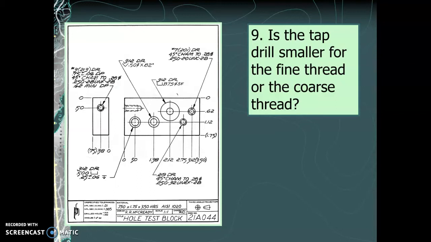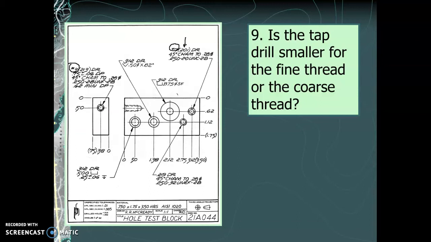What tap drill would be used? So this has a number 3 tap drill. This has a number 7 tap drill. So we can't just go by 3 and 7 and say, oh, well, 7 is bigger than 3, because it actually goes the opposite way. The bigger the number, the smaller the actual size.